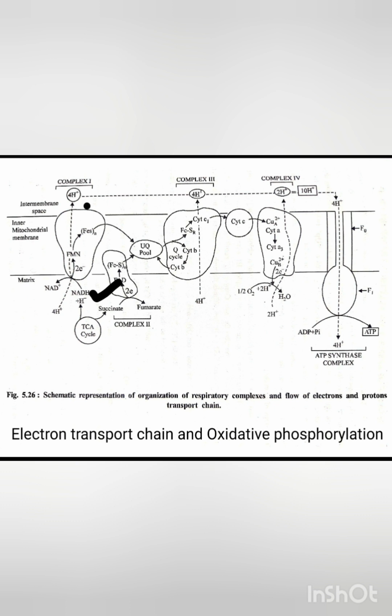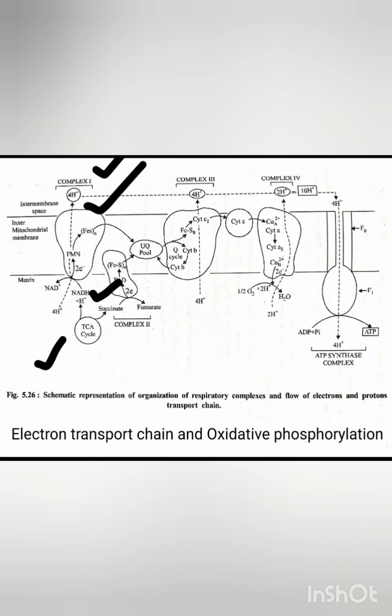Then FMN passes it to the FeS protein complex. In this process, a total of 4 protons are transferred from the matrix to the intermembrane space. Finally, the electron is transferred from FMN to FeS, then from FeS to other complexes.